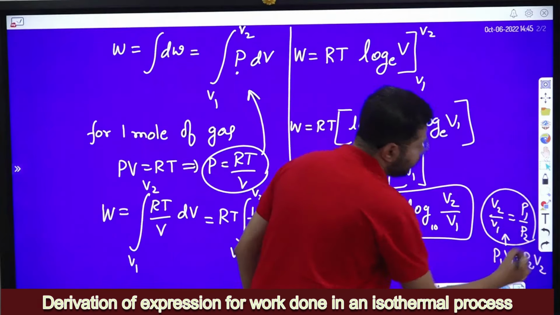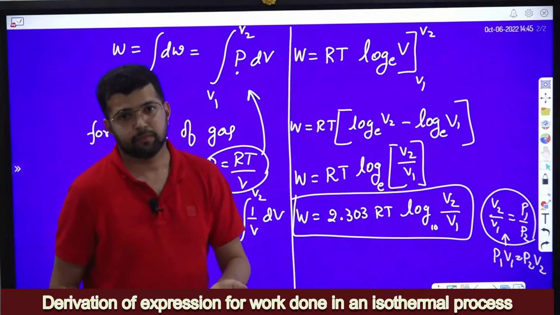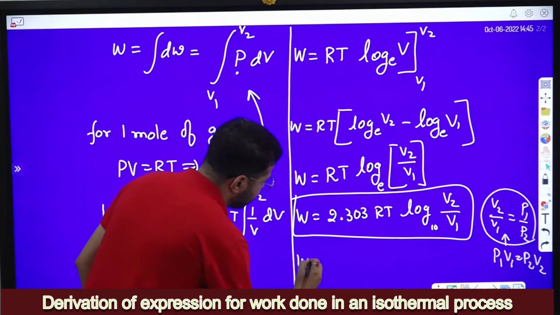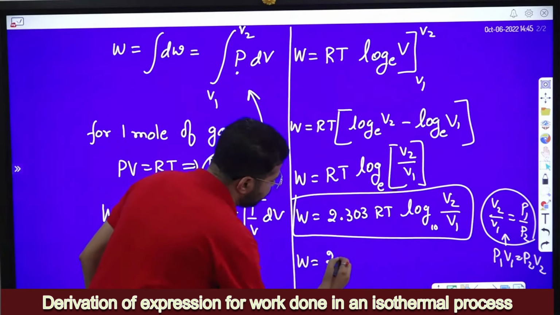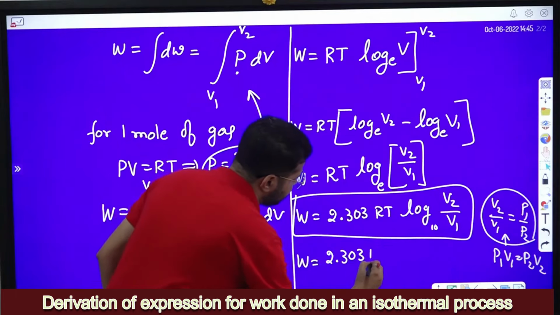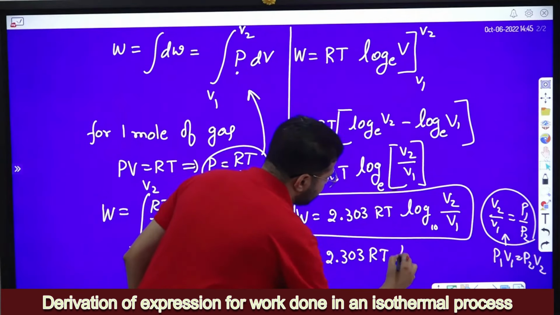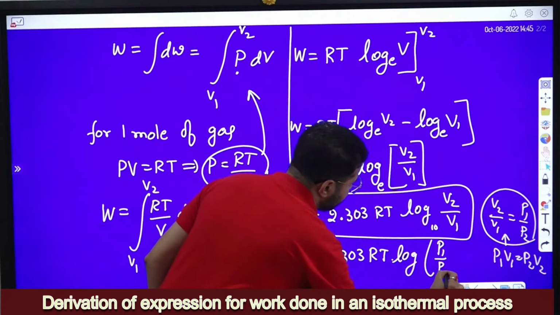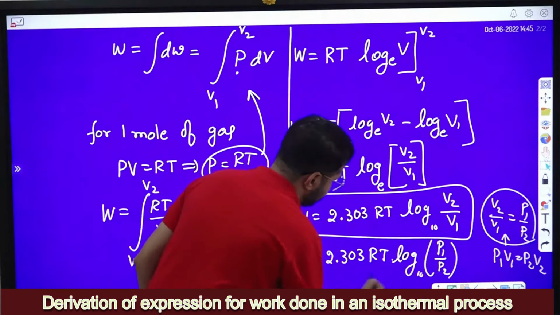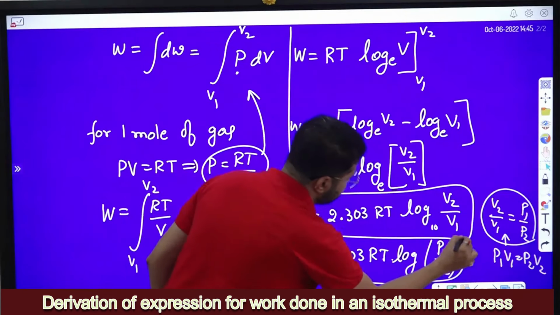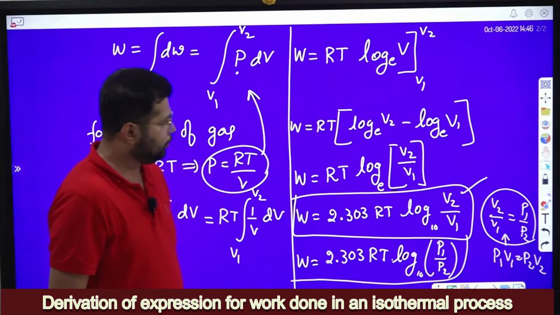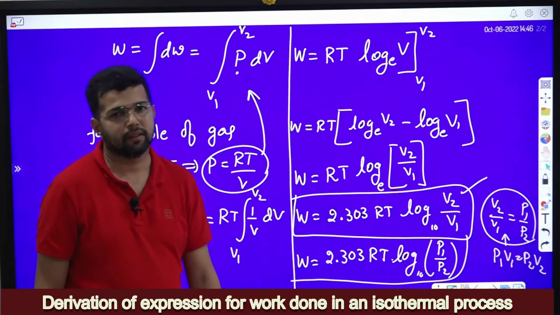If P1 and P2 are the corresponding pressures for volumes V1 and V2, then this equation will become W is equal to, in terms of pressures, 2.303 into RT into log P1 divided by P2 to the base 10. So, this is the equation for work done in terms of pressures. This is the equation for work done in terms of volumes. Very simple derivation. Thank you very much.